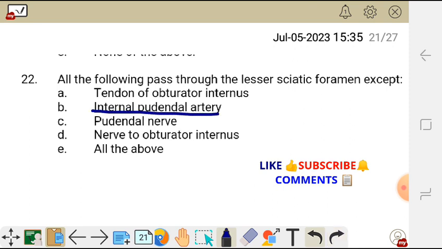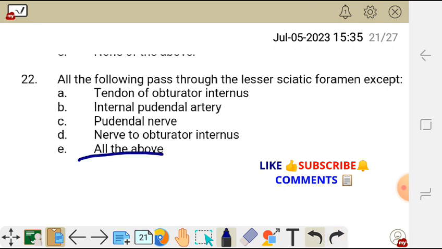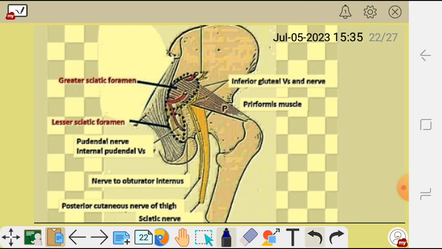The internal pudendal artery also passes there, even the tendon of the obturator internus. So all of these, they pass in the greater sciatic foramen. Okay, so except all of them. So the correct answer is E.